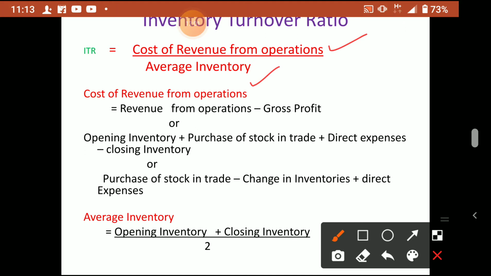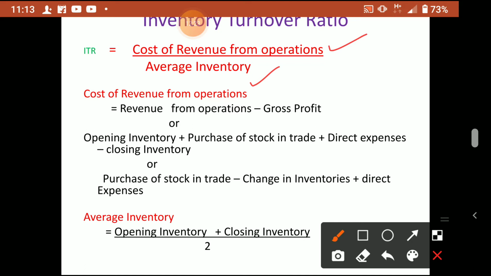Revenue from operations means sales. Cost of revenue from operations means all the direct expenses or trading account expenses: opening stock, purchases less purchase return, then direct expenses minus closing stock, that is the trading account items.